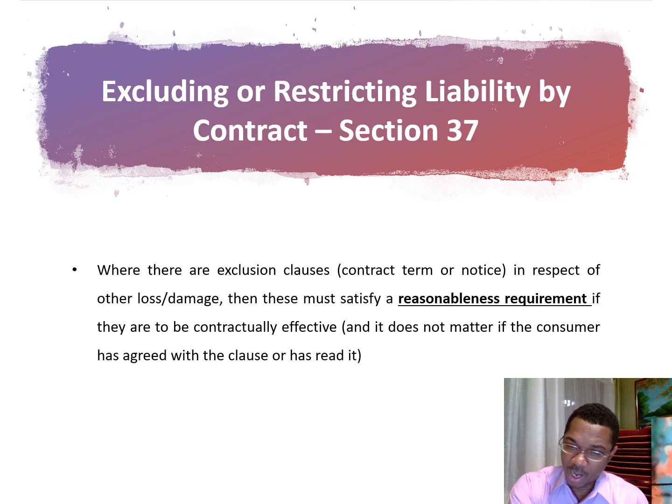So I also like to point out that there's nothing absolute about an exemption clause or a limiting or restricting liability clause, because again, each case will depend on itself. One of the issues that may arise is the question not only of reasonableness, but also, did the person understand what they were signing? Were they properly advised?